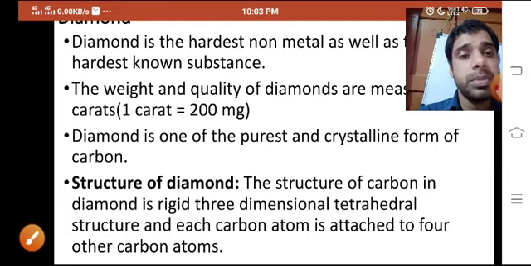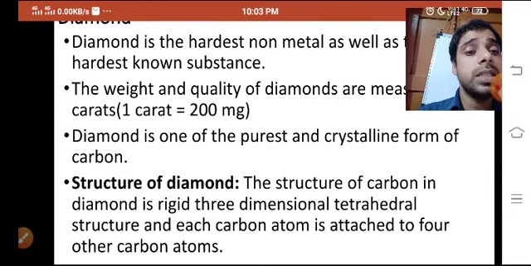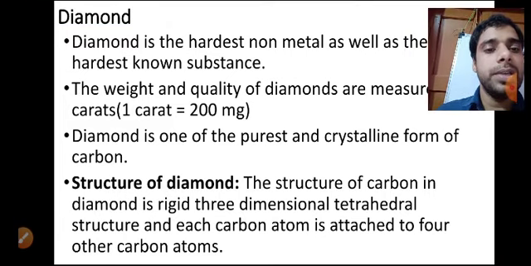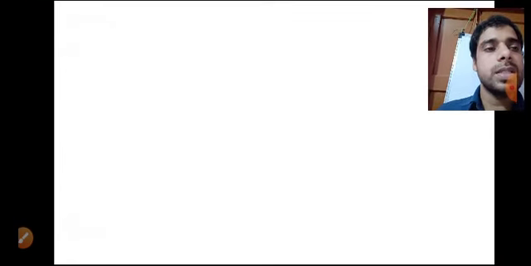We have discussed previously that the structure of carbon in diamond is a rigid three-dimensional tetrahedral structure. What does tetrahedral mean? One carbon is linked with four carbons by bonds.